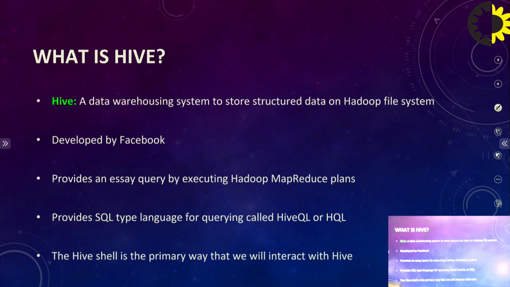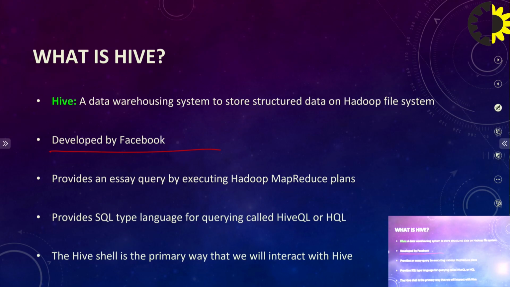What is Hive? Hive is a data warehousing system to store structured data in the Hadoop file system. It was developed by the social media platform Facebook.